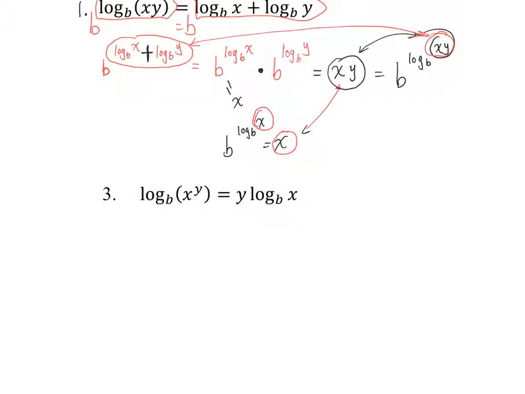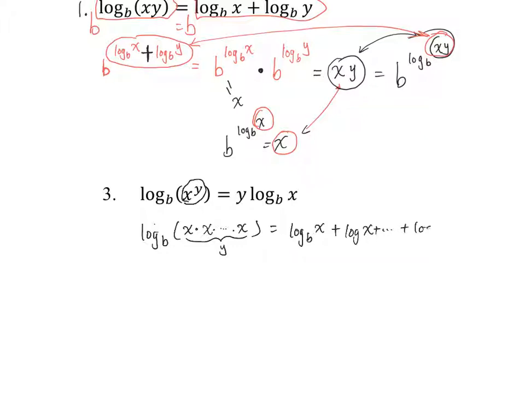And why can this happen? It's fairly straightforward, because if you look at this power, what does x to the power y mean? That means you are multiplying x y number of times. So there are y number of x's. And then according to the previous rule, the log of a product is equal to the sum of the log of each individual variable, right?